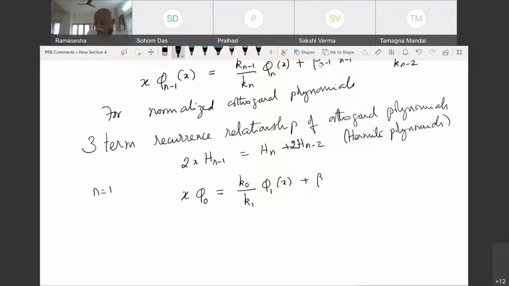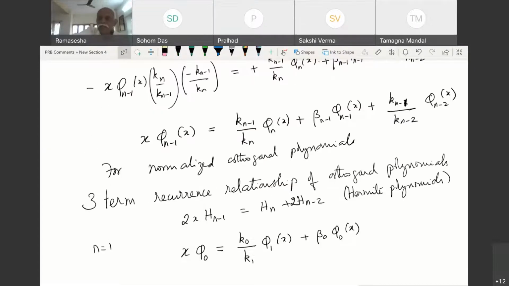And because we are not going to be having any polynomial n minus 2 for n equal to 1, the term kn minus 1 upon kn minus 2 will be 0.